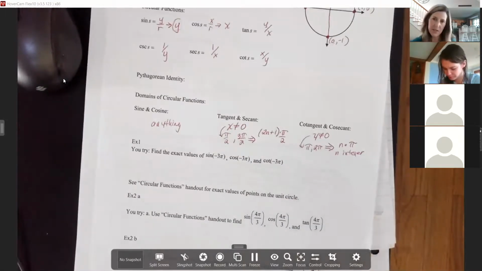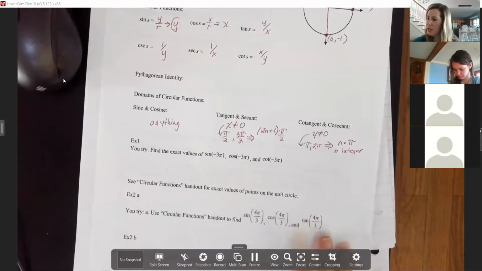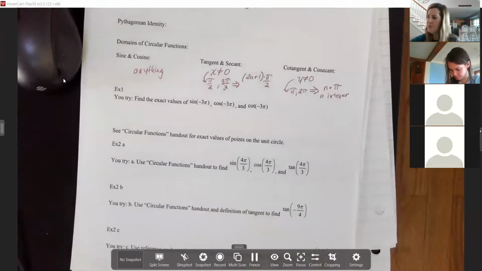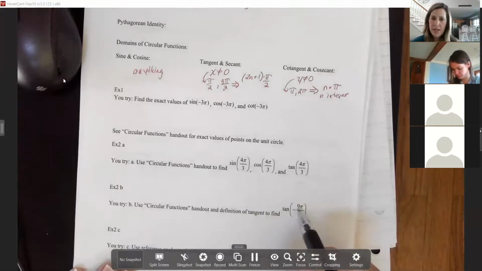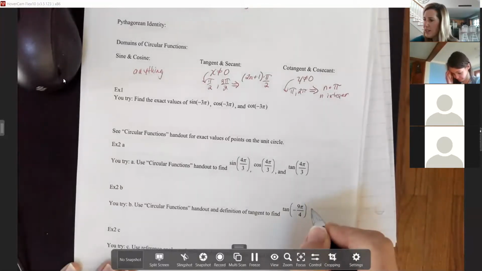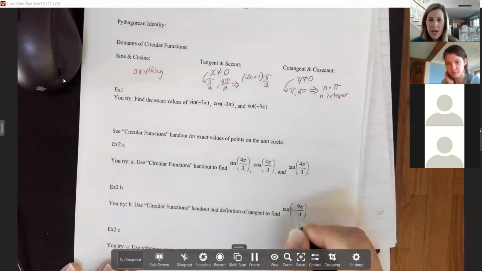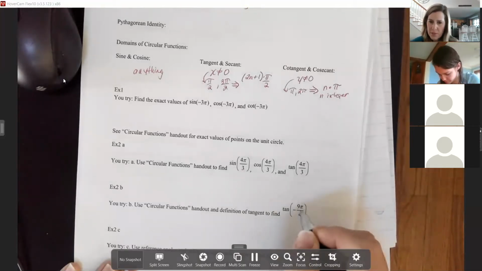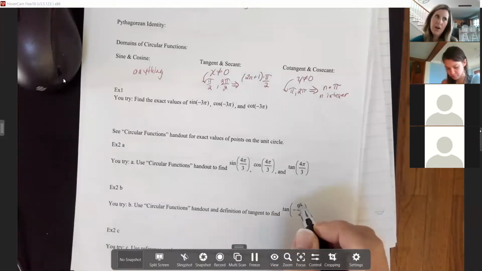You just might have had to, especially the negative ones, think of where you were. Like for instance, -9 pi over 4 is the same as what? And what could I add to all these if I want the positive version? Do you remember like we used to get our angles between 0 and 360?